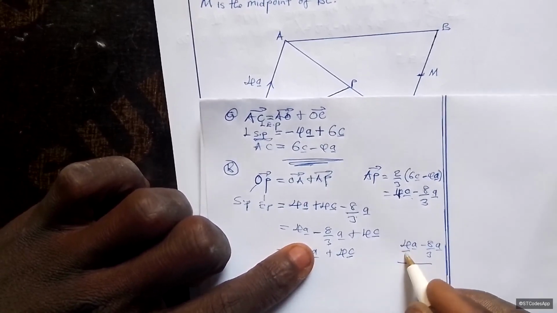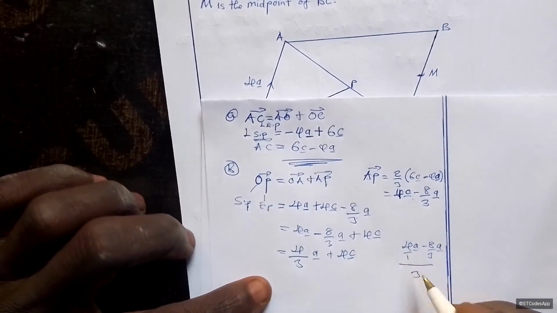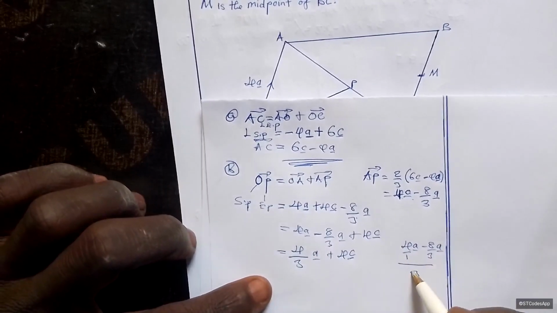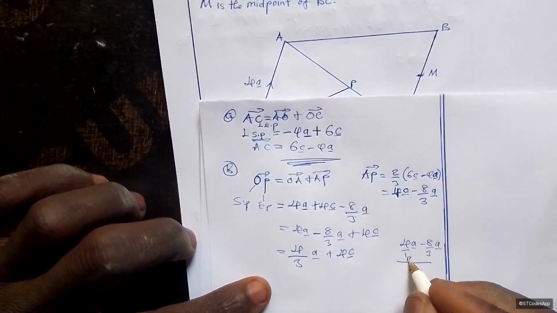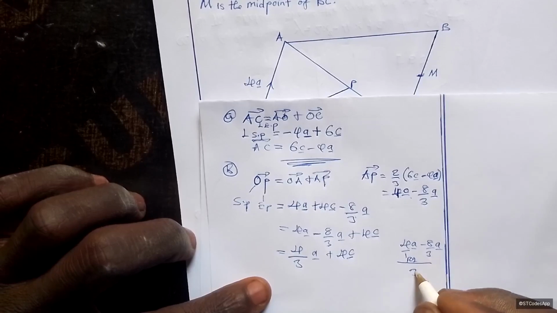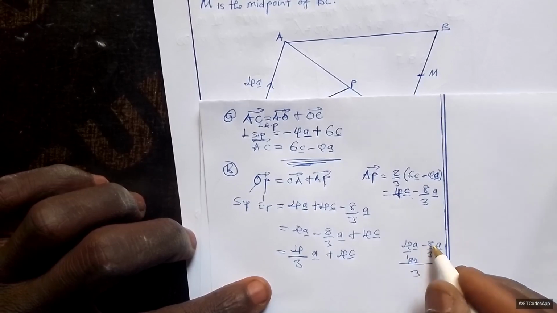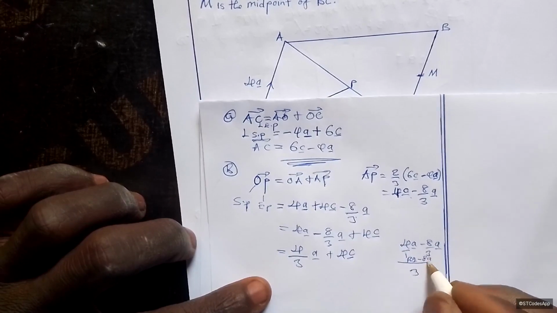Then I can balance it. So 1 into 3, I'm going to get 3. 3 multiplied by 4, I'm going to get 12 a vector. Then 3 into 3, I'm going to get 1. 1 multiplied by negative 8 a vector, I'm going to get negative 8a vector.